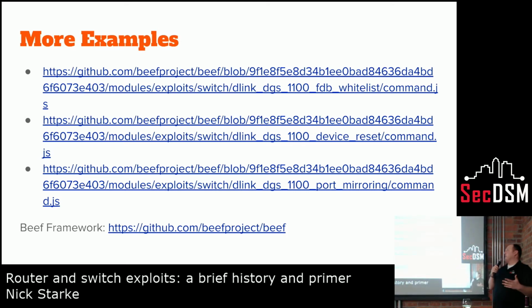This is one of the things that, again, BeEF does really well. It lets you execute that payload so that you can reset that device and then get in really easily. You just log in with the default credentials. So this demonstrates how cross-site request forgery in a real attack scenario can be valuable.